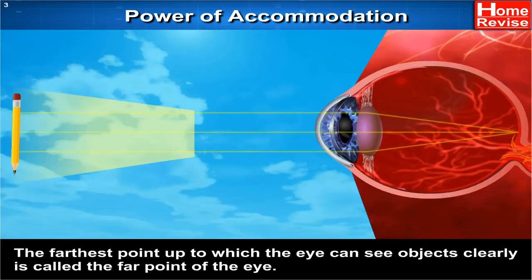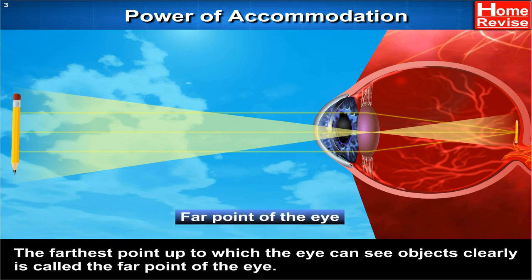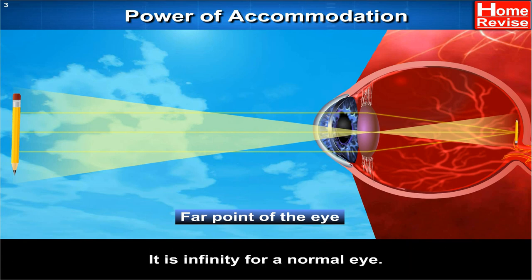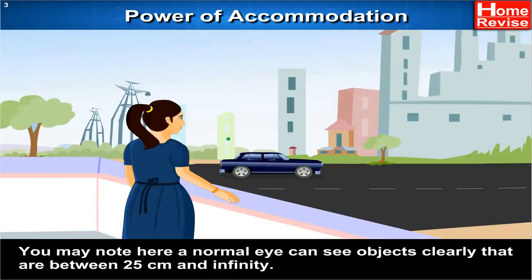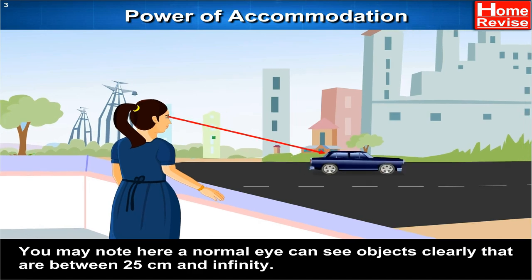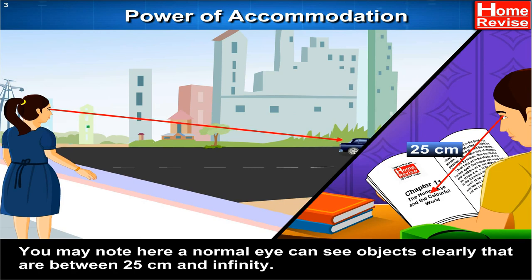The farthest point up to which the eye can see objects clearly is called the far point of the eye. It is infinity for a normal eye. You may note here, a normal eye can see objects clearly that are between 25 centimeters and infinity.